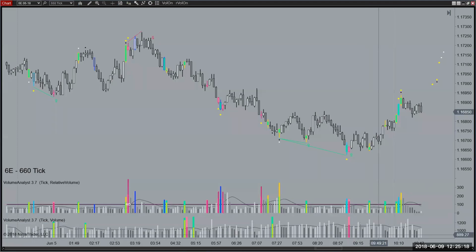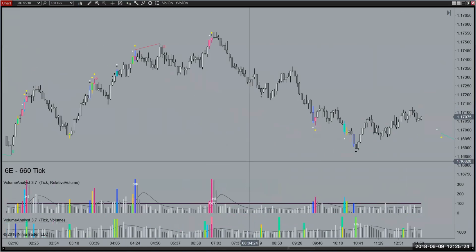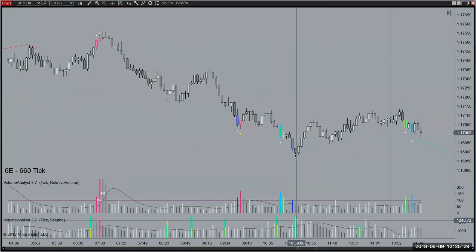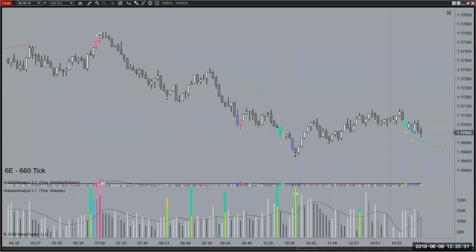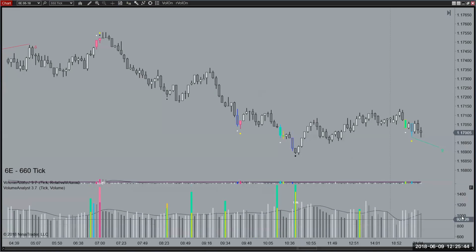So when you get these spikes, for instance, just an obvious one right here at this low, see it says 1.4, that's 1.4 thousand contracts per trade there. And we kind of auto scale the top and the bottom of the volume so that we can see the detail a little more easily.